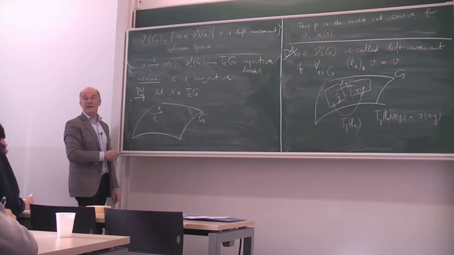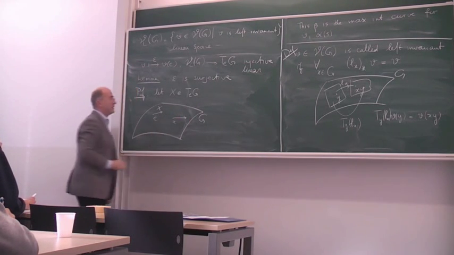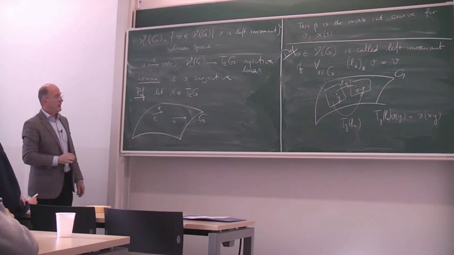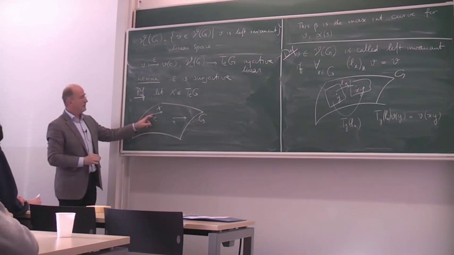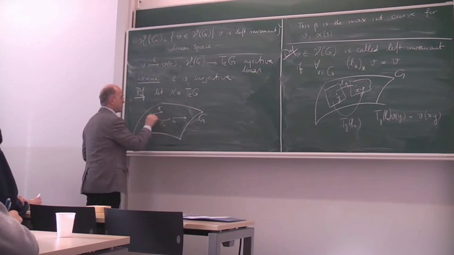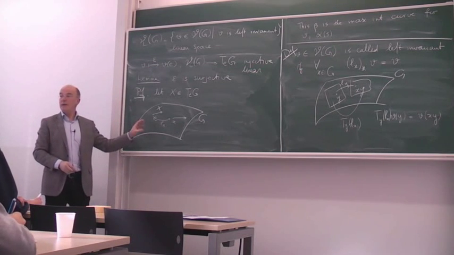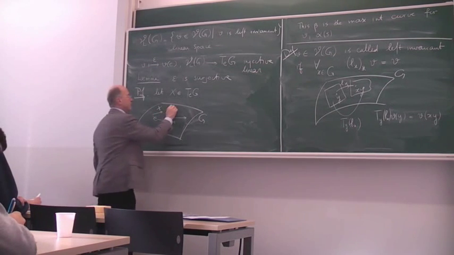Now there is only one way to define it, right? At a point x, the only way to define the vector field is by taking left translation, which maps the identity element to x, take its tangent map and apply this to x.